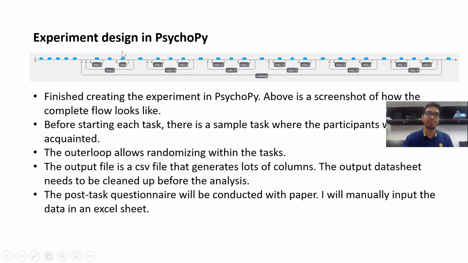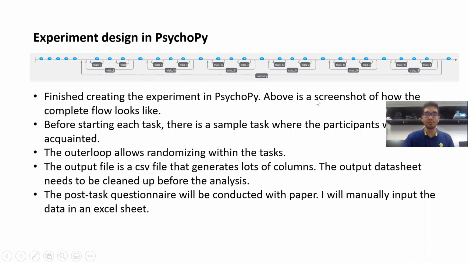The third part is the actual task, where there are 50 images and the input will be recorded, but for the sample the input will not be recorded. Then there's a page which says press the space bar to proceed to the next task, and then the next task begins. If we consider all of this as sets, we have 6 sets, and you can see there is an outer loop for that.